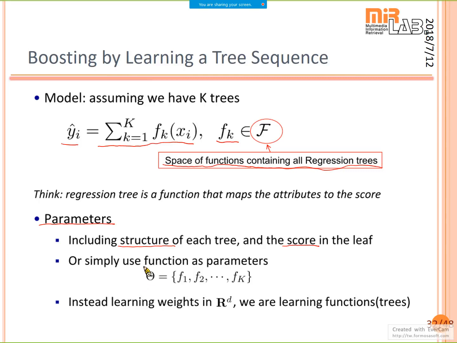Then we use the functions as parameters. So instead of learning weights in a multi-dimensional space, we are actually learning functions of trees. This is very different from traditional machine learning. For instance, in a neural network, we are only adjusting the weights, but here we want to adjust both the parameters and the structure of the model.